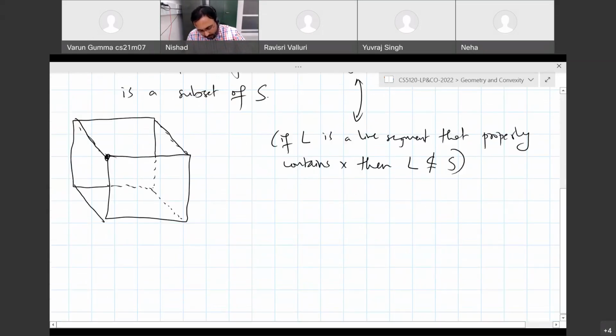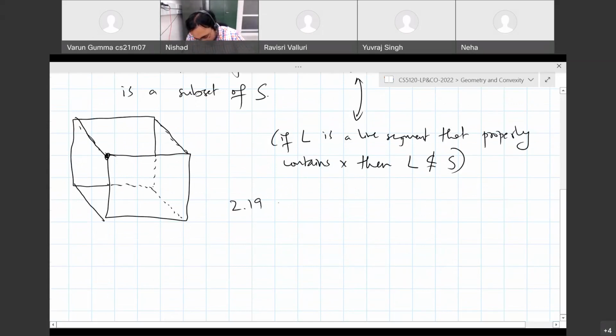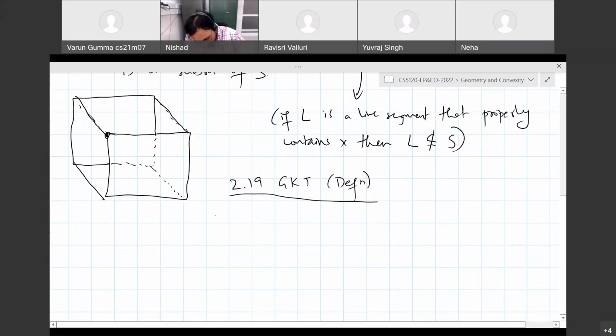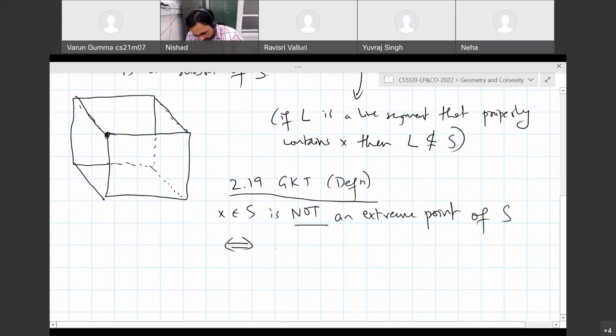So I want to write down this as well. This is 2.19 GKT. It's simply a definition that is equivalent to what we have written above. Okay, and it says that a point in a convex set is not an extreme point if and only if you can write it as a proper convex combination of two other points.